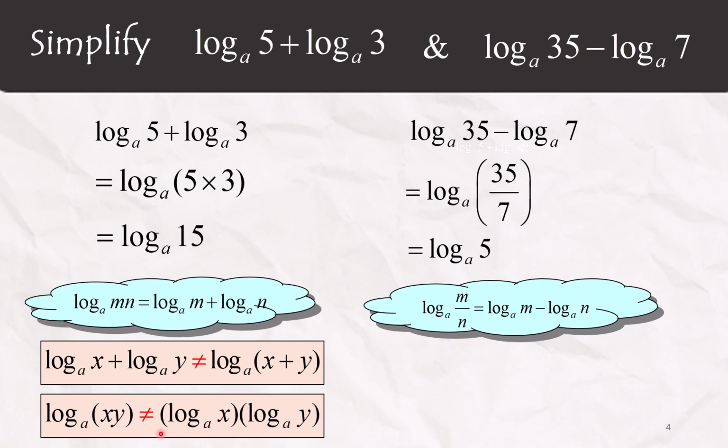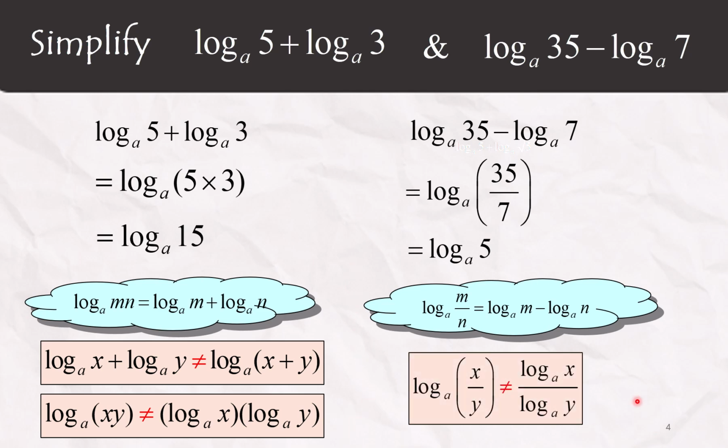They think that, oh, I can just take it as algebra and put the bracket together. So again, it's not true. The last one is the common mistake for the quotient law. Students tend to multiply the log into the x and multiply the log into the y. So do take note, log is a function and not algebra.